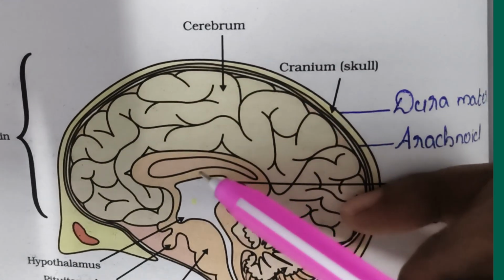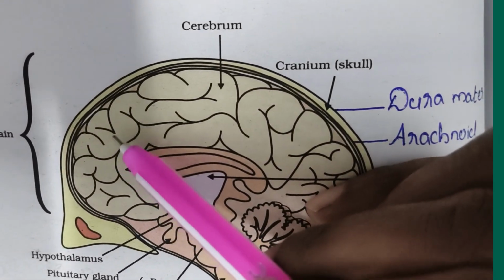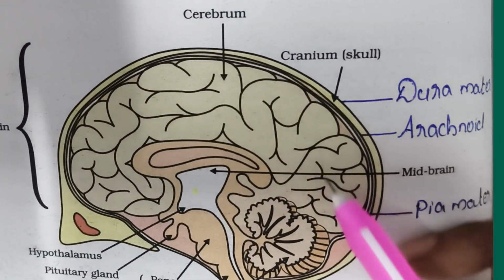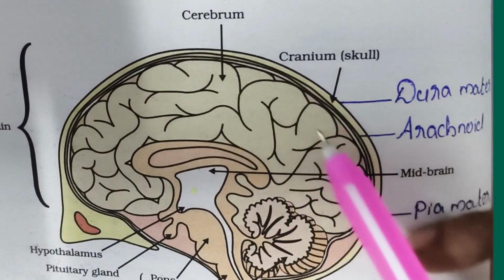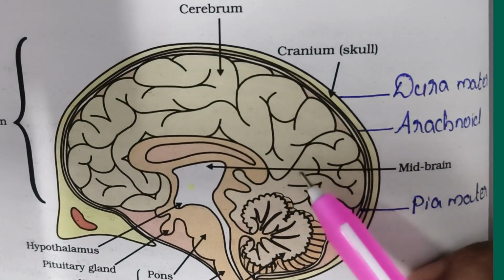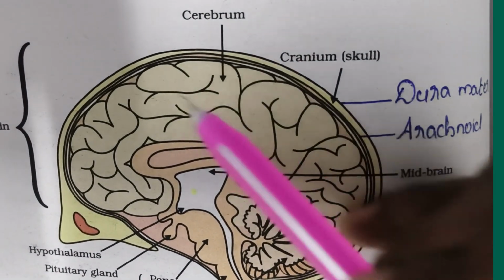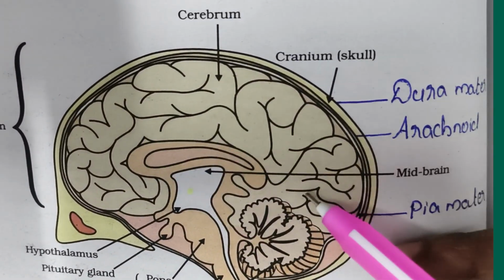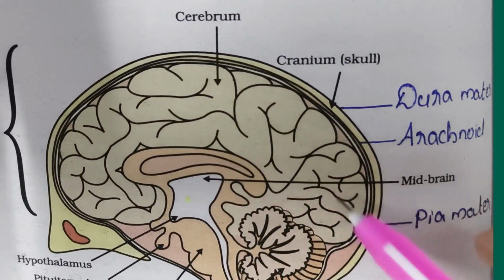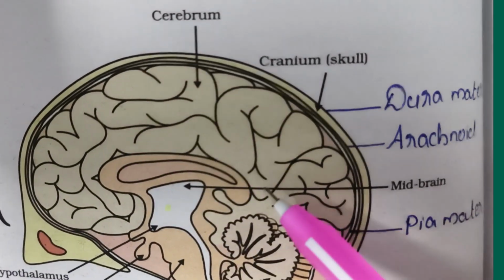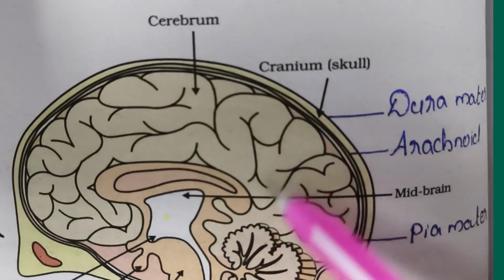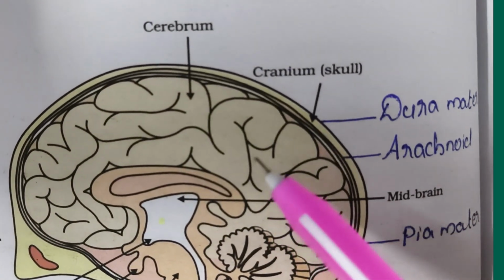Through the cerebral hemispheres, some nerve tracts are passing, called the corpus callosum. Inside the cerebrum, there are different areas, which are used to collect different messages from different sense organs.